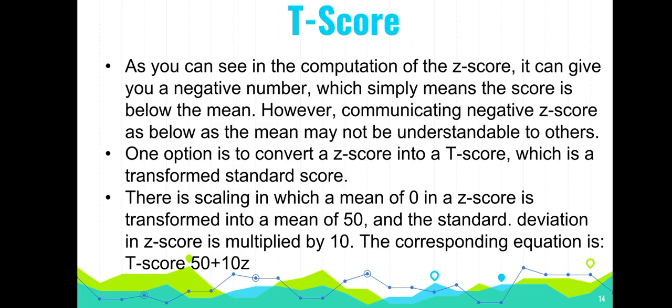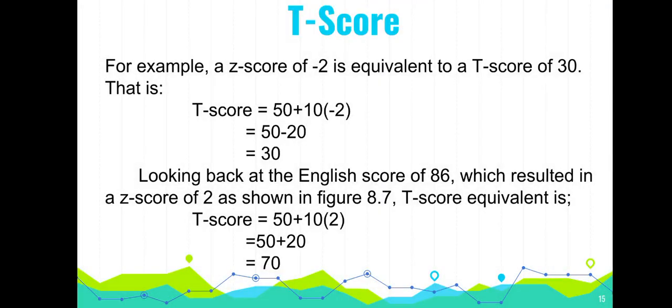So there is a scaling in which a mean of 0 in a z-score is transformed into a mean of 50, and the standard deviation in the z-score is multiplied by 10. The corresponding equation is t-score is equals to 50 plus 10 z-score. So, for example, a z-score of negative 2 is equivalent to a t-score of 30.